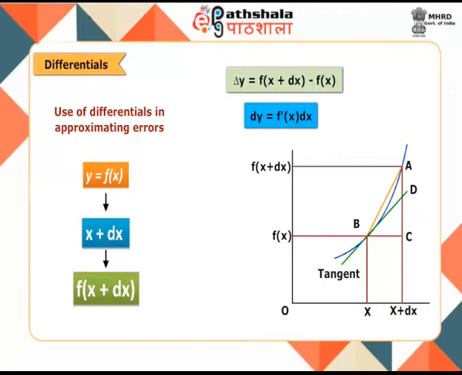From the figure, we note that the gap between AC and DC will be small for small values of dx. In other words, the approximation of error using differentials tends to equal the actual error when dx is small.